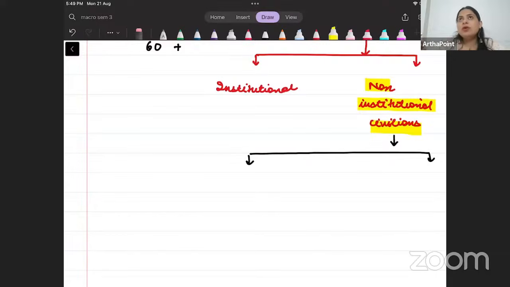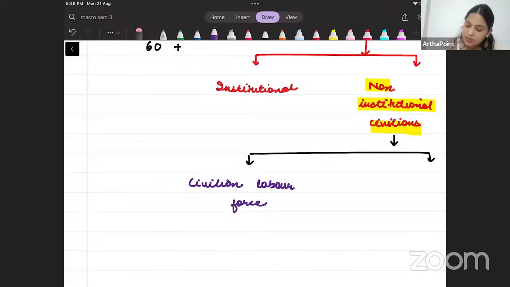Similarly, there may be people who say, supposedly, I want to take a break for 1 year from my regular work. Then I am also a non-institutional civilian, but I'm not working. So I can divide this again in two parts. One becomes your civilian labor force and other becomes out of labor force.